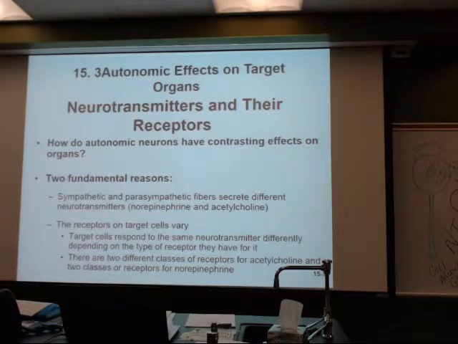If it comes along, and this is a receptor, and if this can fit the receptor, will it attach? Yes. So if that is the case, what is it going to do to the cell?